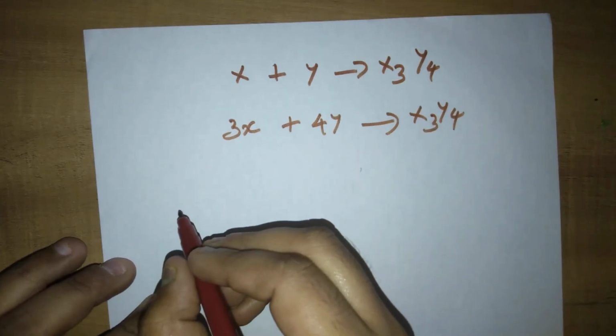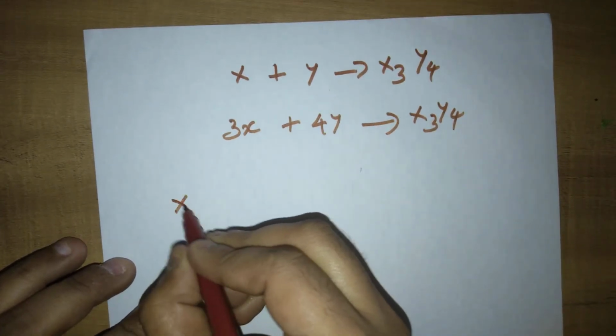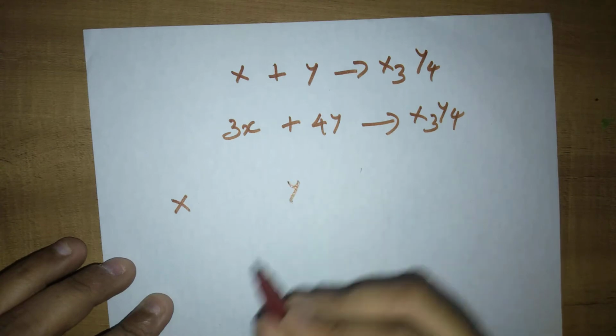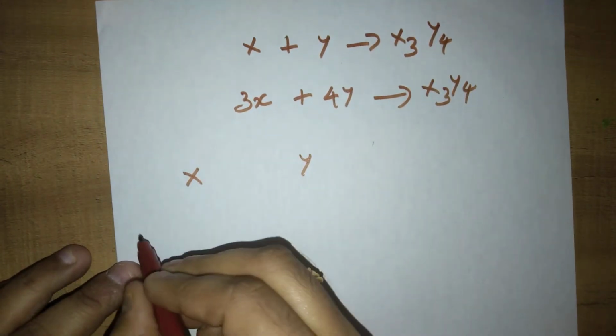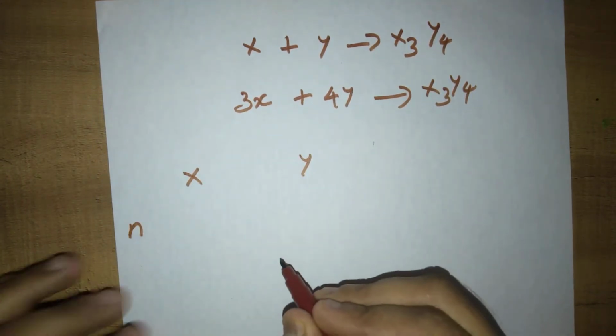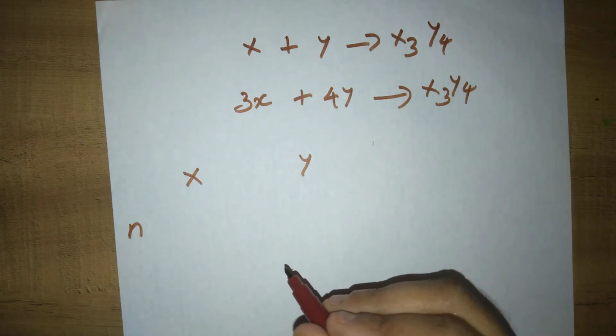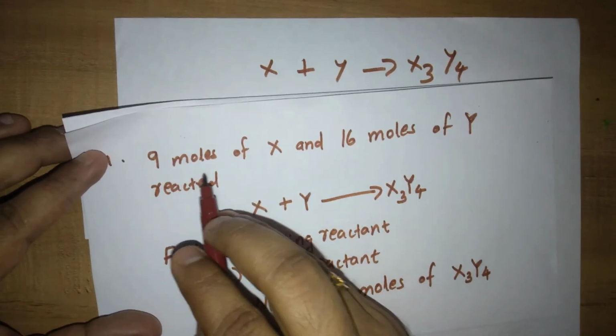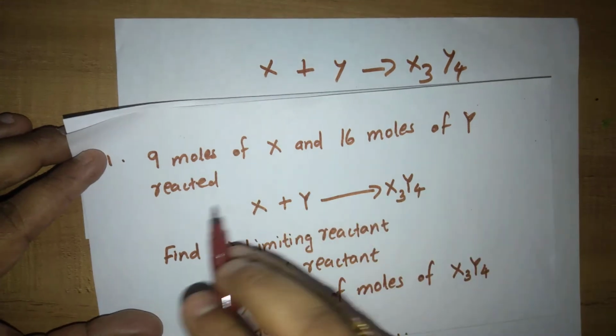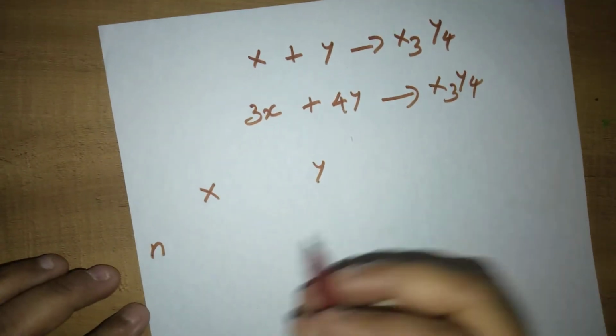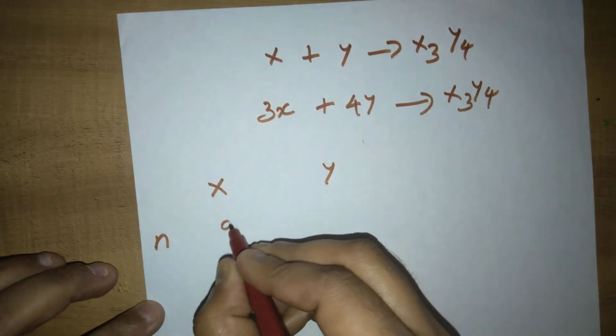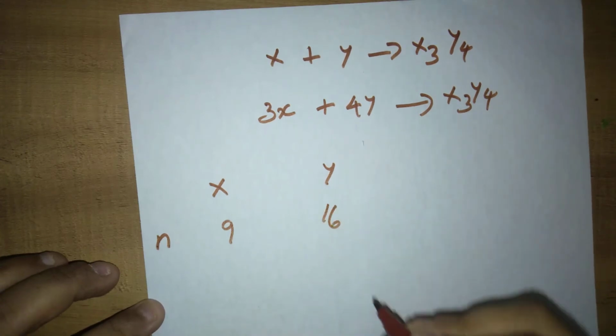Then the reactants. First we write the reactants X, Y, and the number of moles of reactants. In the question, 9 moles of X and 16 moles of Y reacted.